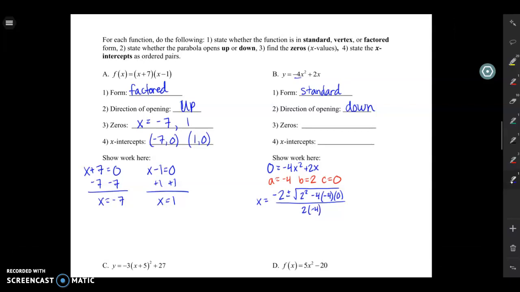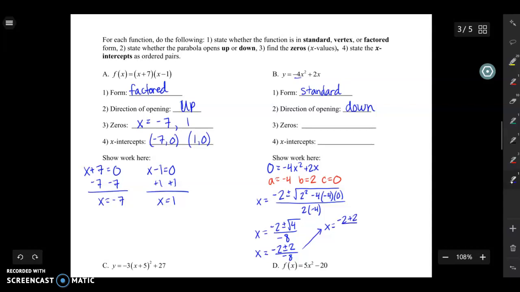Then you're just going to go off simplifying this. So we've got -2 plus or minus, that whole square root just turns into the square root of 4, over -8. Now I know the square root of 4 is just 2. So I have -2 plus or minus 2 over -8. Then I want to split this problem up into the positive version and the negative version.